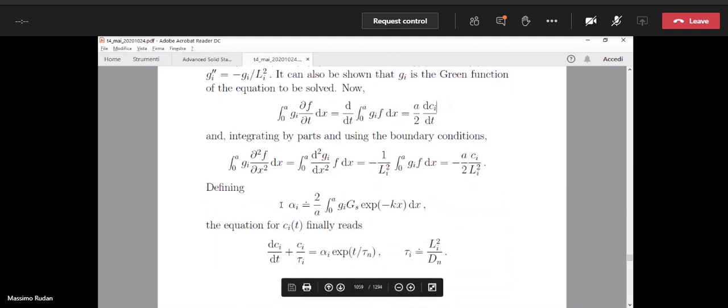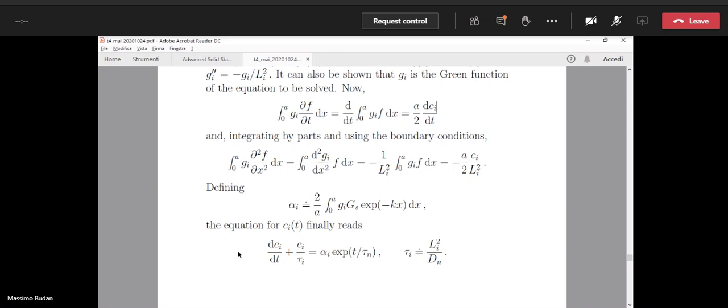We give it a name, as mathematicians do. This is fully known because Gi is known as the cosine of x, Gs is a constant, and this is an exponential. So we call it alpha I. So we have reduced eventually the complicated equation that we started from to a simple equation that is completely separated.